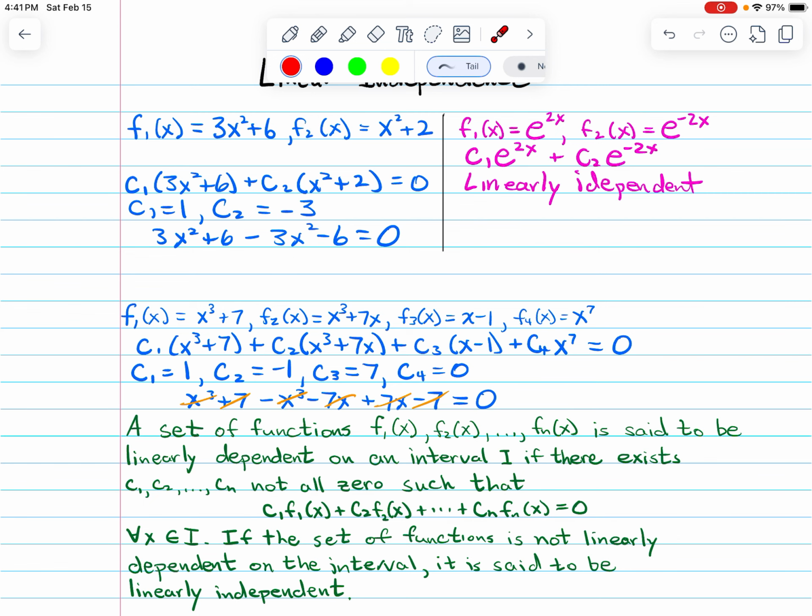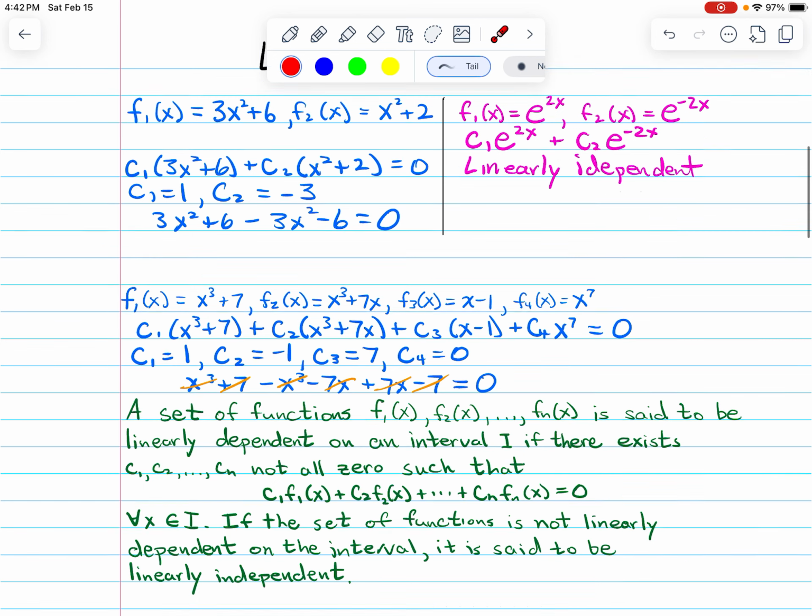Then we say that that set of functions is linearly dependent. And that x, of course, is all the x's in a given interval. Now, if the set of functions is not linearly dependent, it is said to be linearly independent. And what we're going to be concerned with here in a little bit is a linearly independent set of functions. That's what we want.